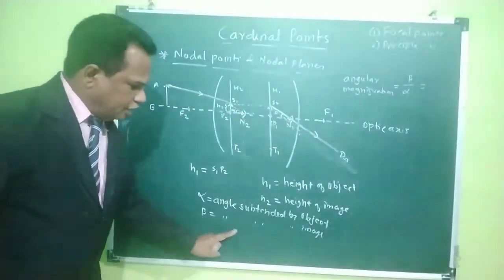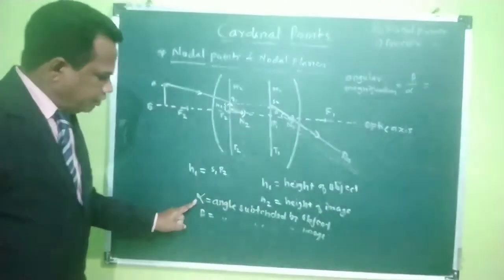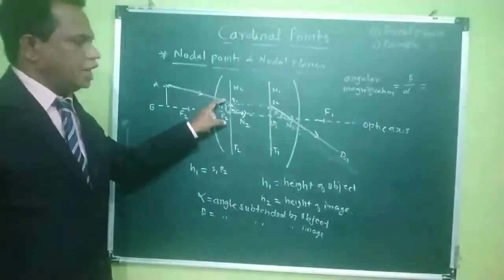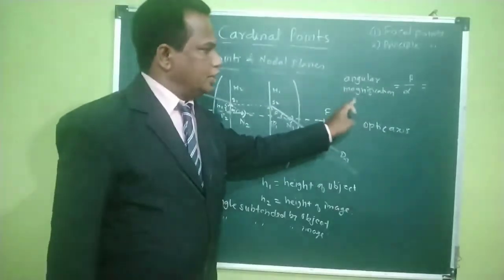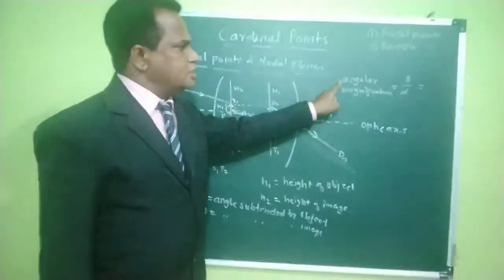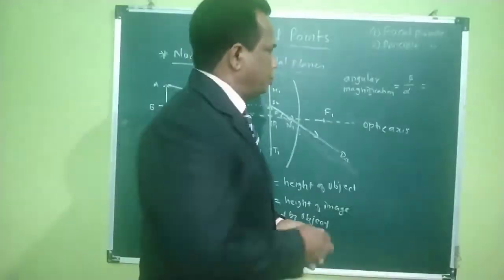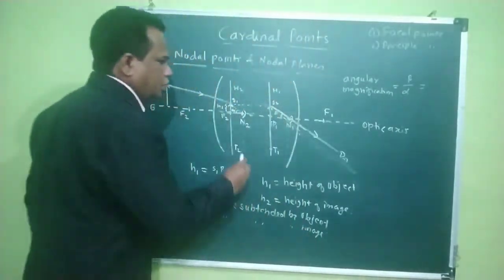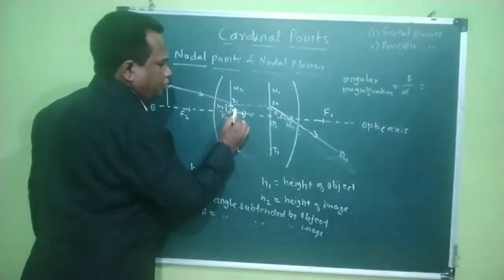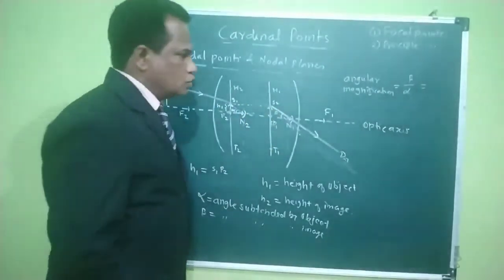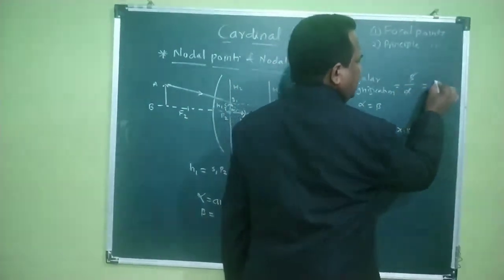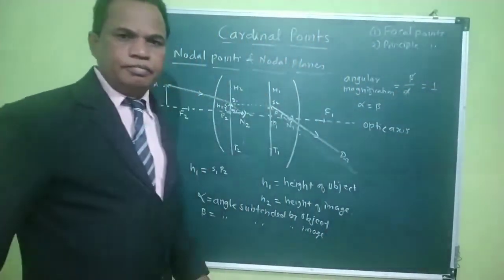Image divided by object is nothing but magnification. Because we have taken angles, it is known as angular magnification. So beta divided by alpha, what do we get? As these two rays are parallel, alpha must be equal to beta. So if alpha is equal to beta, these two cancel and you get 1.